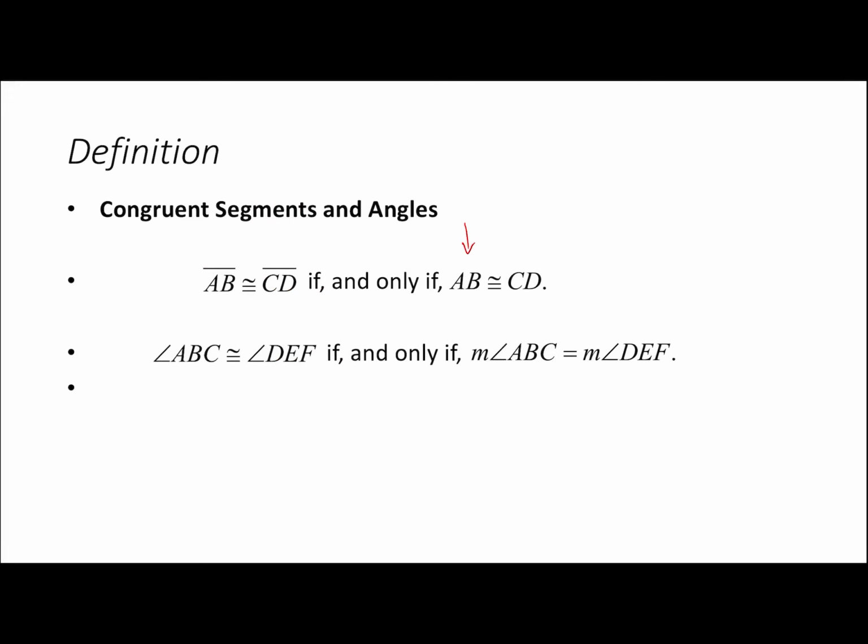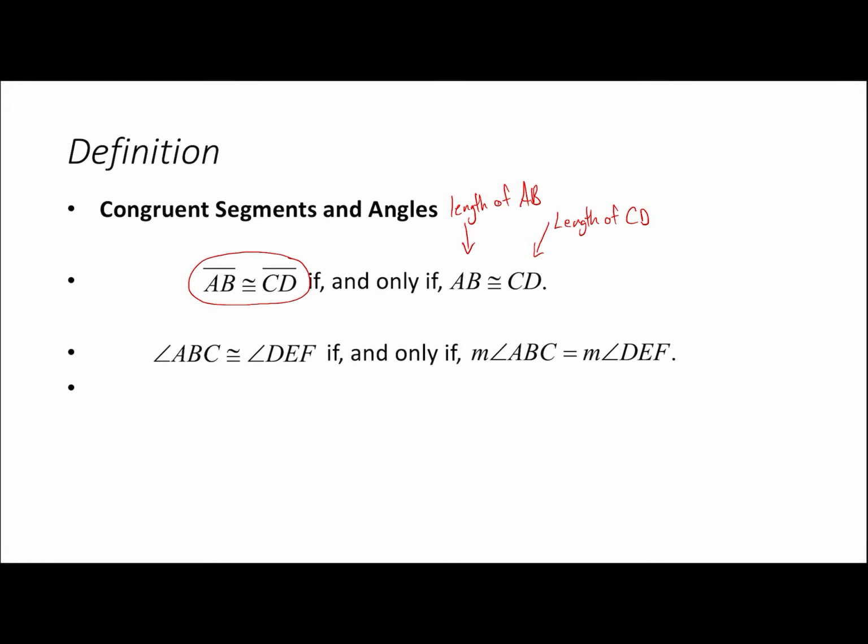So, some definitions that we need to be aware of. If segment AB and segment CD are congruent, that happens if and only if the length of AB, so this symbol means length of AB, is congruent to the length of CD.